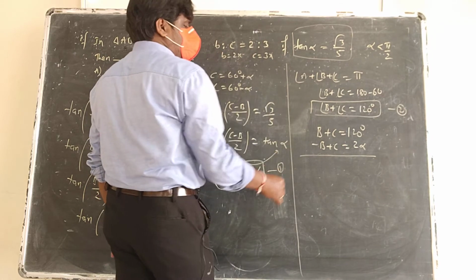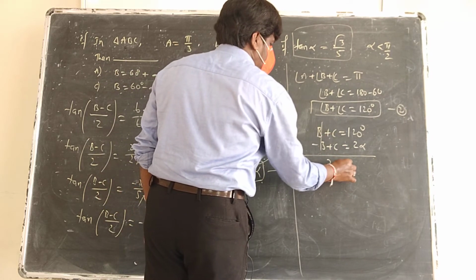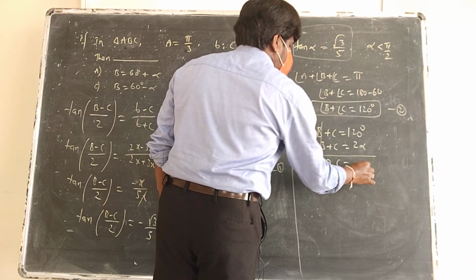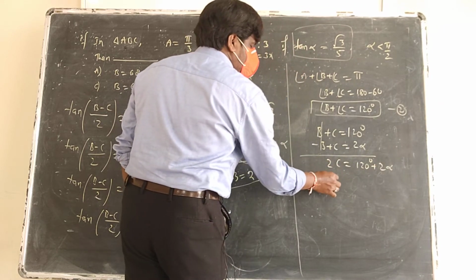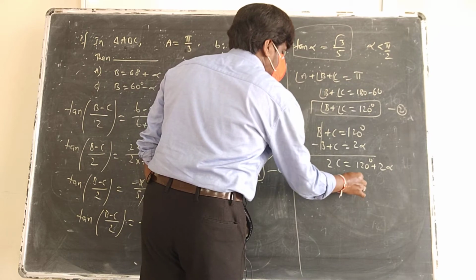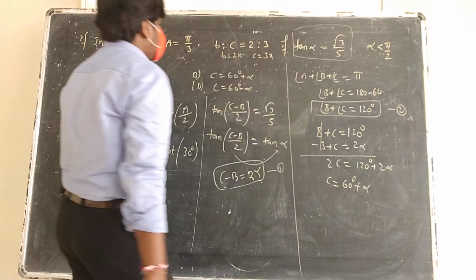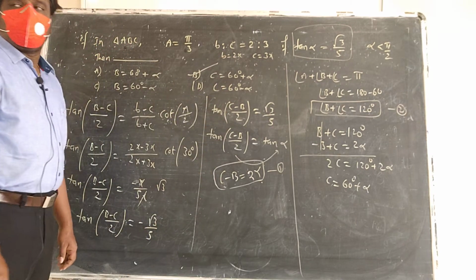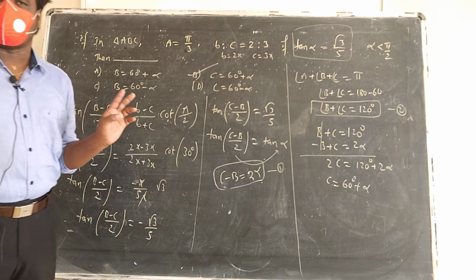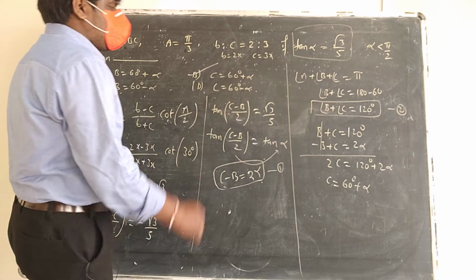Now if you do addition, I get 2C is equal to 120 plus 2 alpha. I can take 2 common, so C is equal to 60 degrees plus alpha. So C is equal to 60 degrees plus alpha is the right answer. And this is an advanced question, both options are correct.